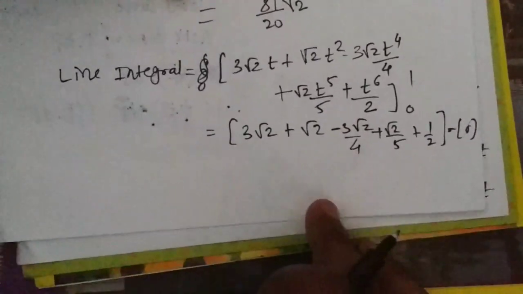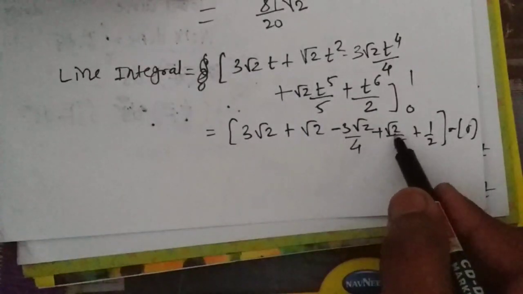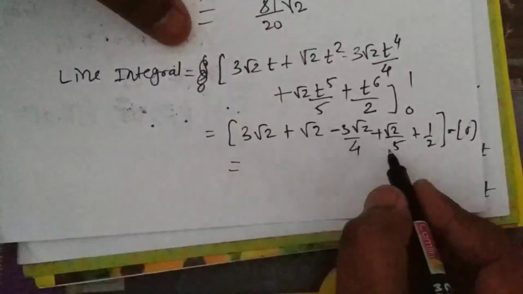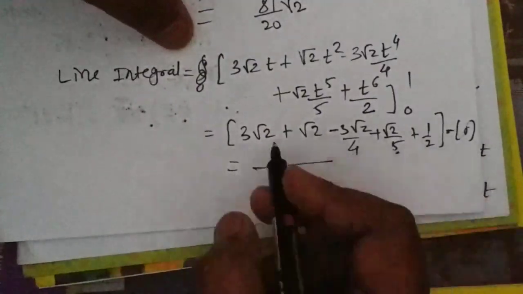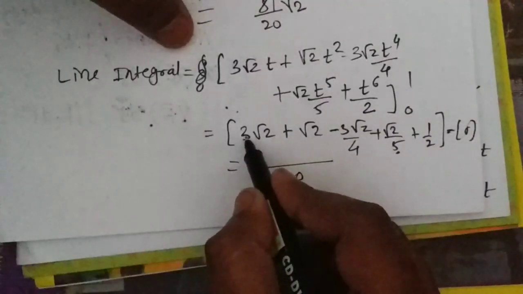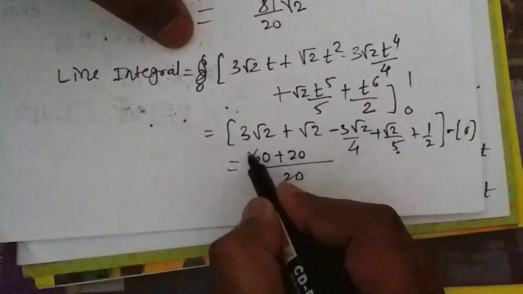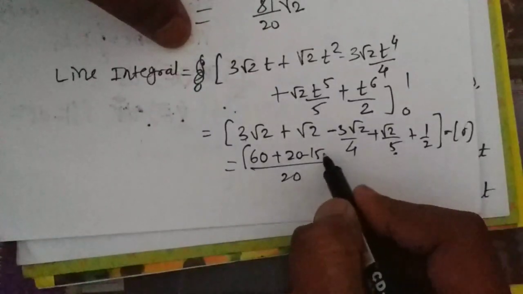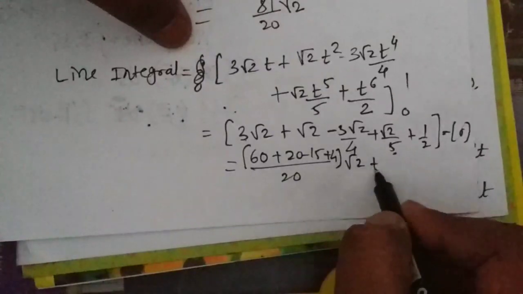Now after collecting all this together, the first 4 terms contain root 2. So root 2 can be taken common from the first terms. This is the separate term, 1 by 2. Okay, so after doing the calculation, if you make the base the same, which is 20, the terms of root 2 will be multiplied by 20, so it will be 60 plus 20 minus 5 into 3, 15, plus 4 outside root 2, plus 1 by 2.